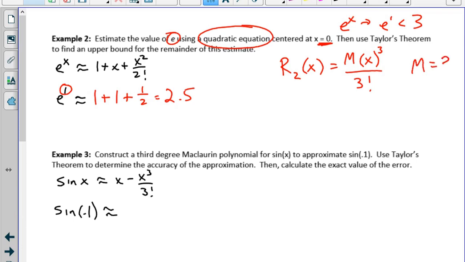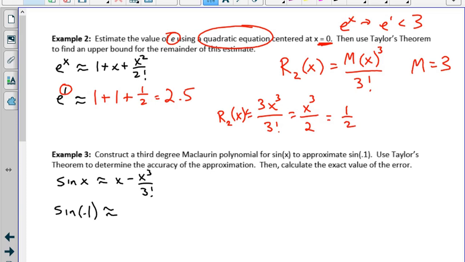Let's just call the maximum possible derivative in this particular case 3. So I have 3 times x cubed over 3 factorial. This is going to be what I'm calling R sub 2, which is less than or equal to this. So that's the same thing as x cubed over 2, which is the same thing as 1/2 when I substitute in 1.